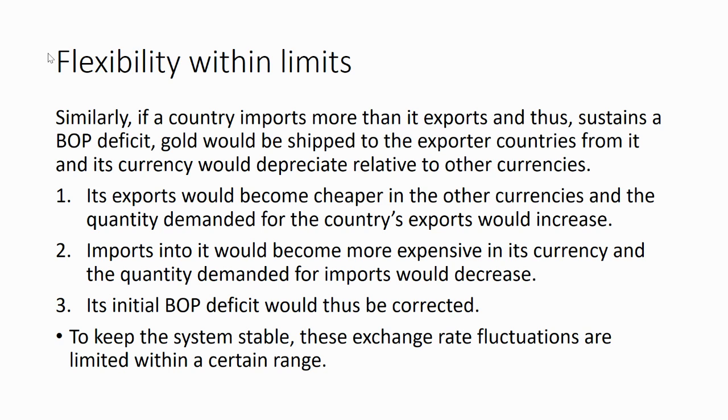At the same time, imports into it will become more expensive in its own currency, and the quantity demanded for imports into it would decrease. And so the mechanism increases exports and brings down imports, and thus again the deficit would be corrected. Of course, to keep the system stable, these exchange rate fluctuations are limited to within a certain range.